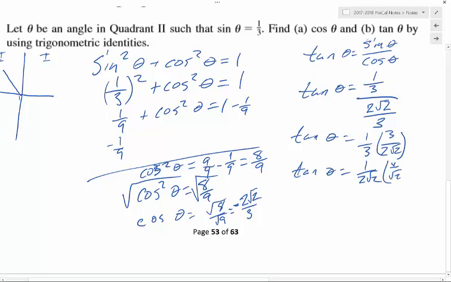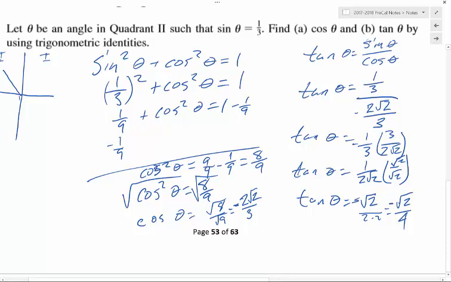Rationalize your denominator, and the tangent of theta, and remember I still have a negative, so the tangent of theta here will be square root of 2 over 2 times 2, which means square root of 2 over 4, using the trig identities, and that will be negative.